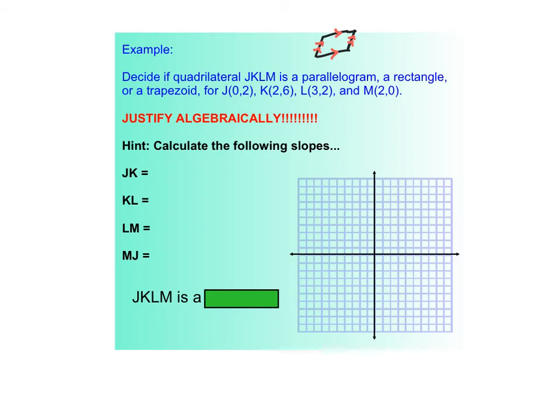However, each of its angles is not a right angle. So what we want is two pair of parallel sides.